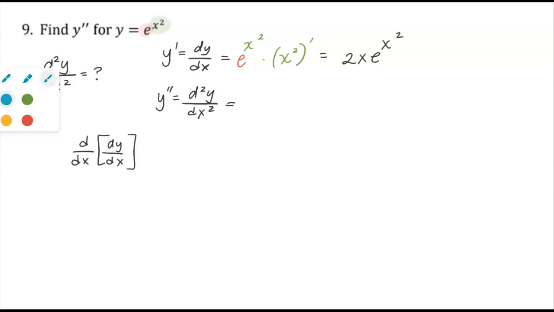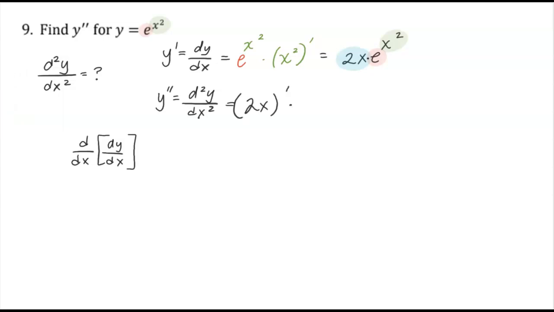We need to recognize that now we are in product and chain land, right? We have that same function we had before, but now it's times the 2x. So let's just go ahead. We'll write it slow. We'll move slowly.